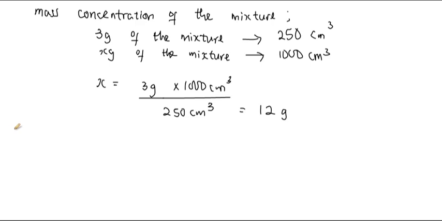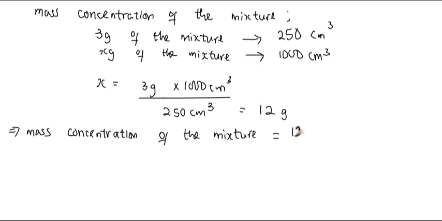This implies that the mass concentration of the mixture is equal to 12 grams per dm cube. That is, 12 grams of the mixture will be dissolved in 1 dm cube, which is also equivalent to 1000 centimeter cube.